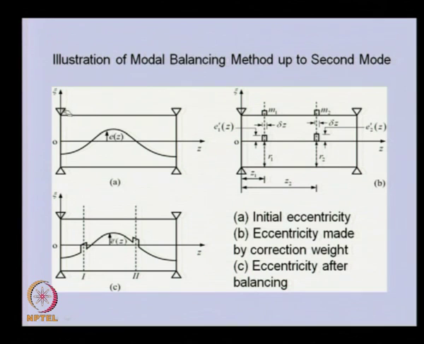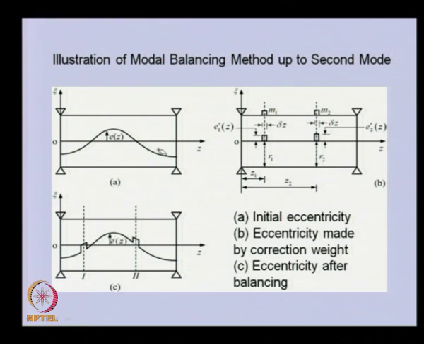We have a shaft which is basically a continuous shaft, and this is a flexible shaft. That means we will be operating the rotor up to around the second critical speed. This is the variation of the eccentricity, which is continuously varying along the shaft, and we don't know what the variation is.